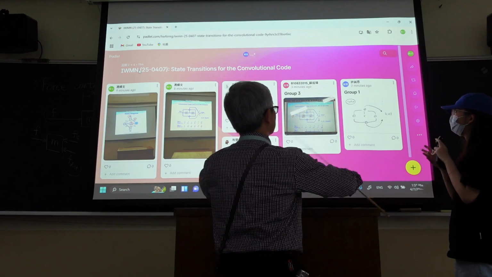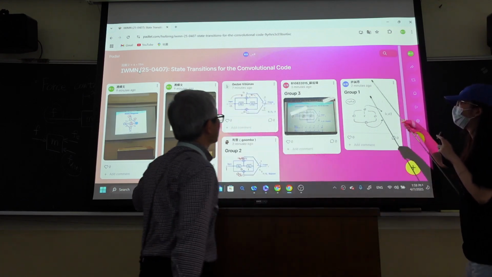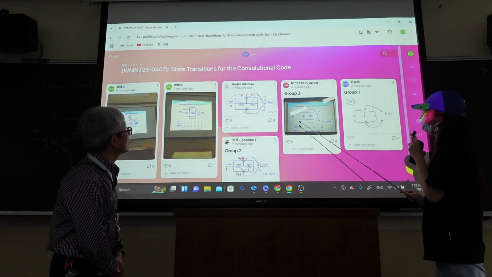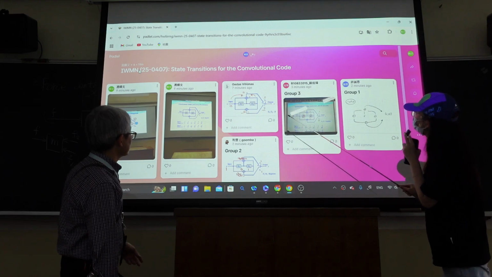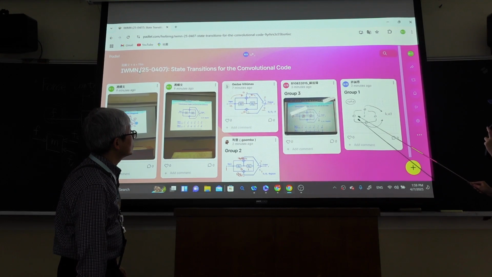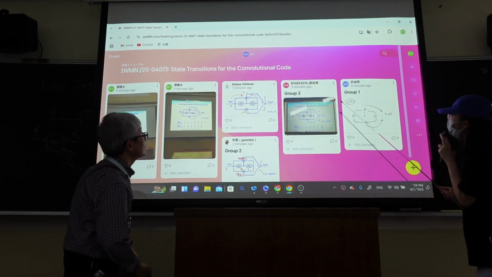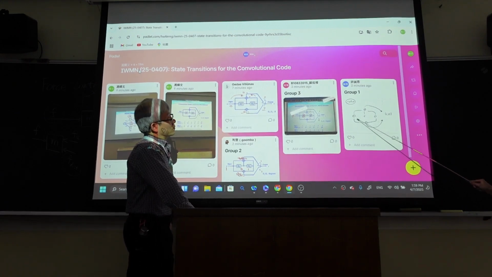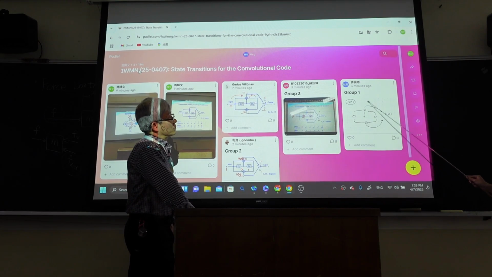Our group discussed the first one. First one, yeah. 1, 0, and 0. This y1 is 1, 0, 1, and 0 equals 1, and the output is 1.